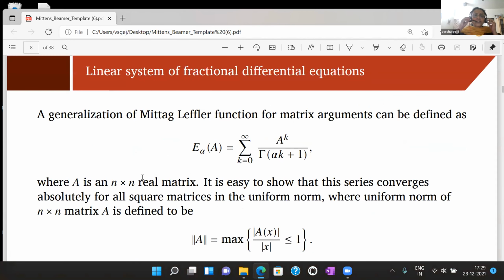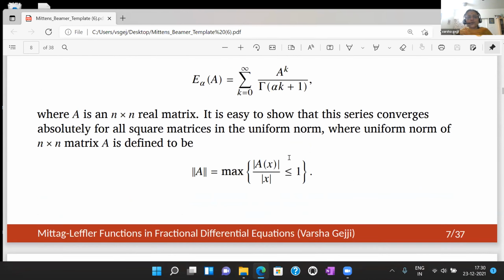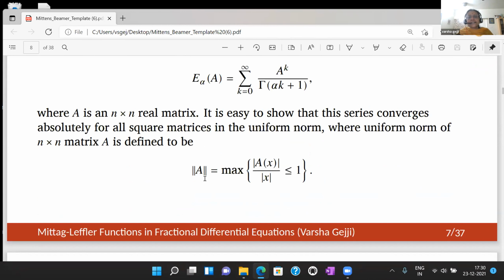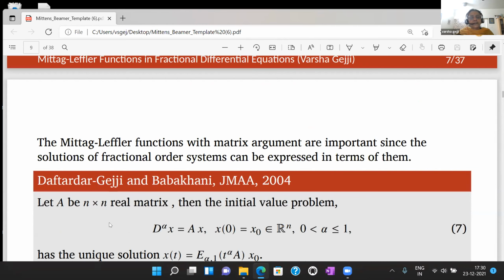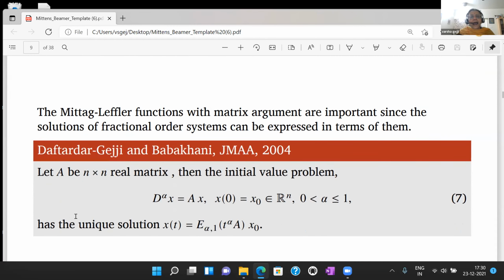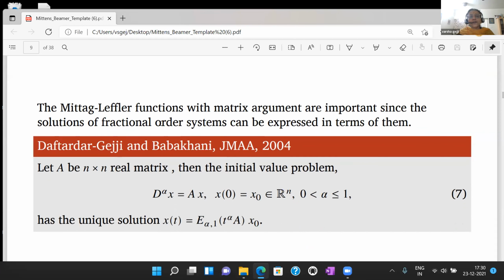Now, for the study of systems of linear equations, one introduces a generalization of the Mittag-Leffler function for matrix arguments. So here, instead of argument x, where x is a real number, we consider A as an n cross n real matrix. And you can show that in this norm, this series is convergent, for all real matrices A, and they are important as solutions of systems of fractional differential equations.